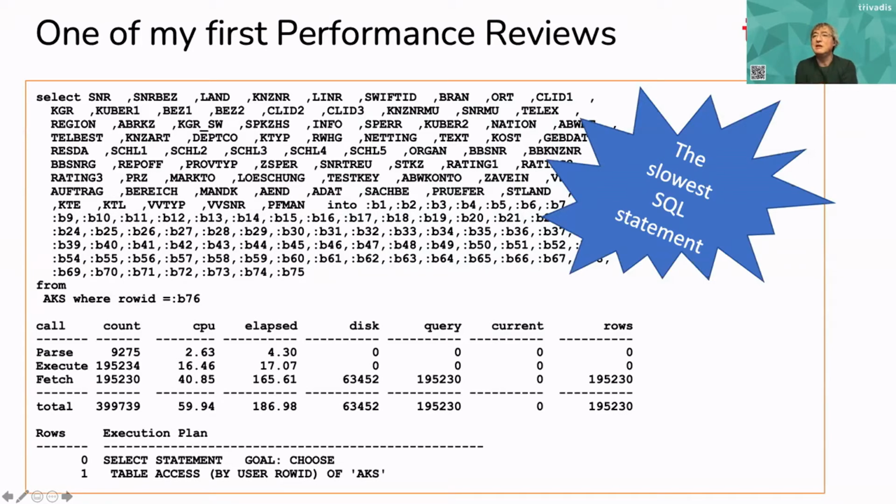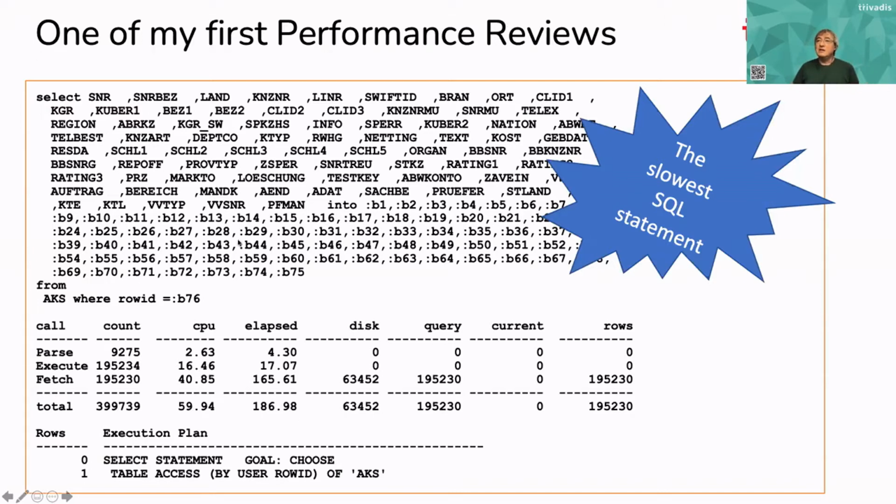I can't remember the details, but my colleague looked at the database configuration, so more the DBA related stuff, and I was looking at the application and did a SQL trace. And with tkprof, I found out that this statement here that you see here was the slowest statement that was running on this particular day on the database. And it was running for more than 3 minutes, as you can see here.